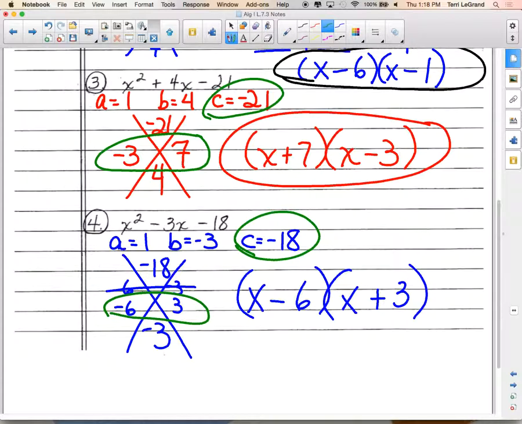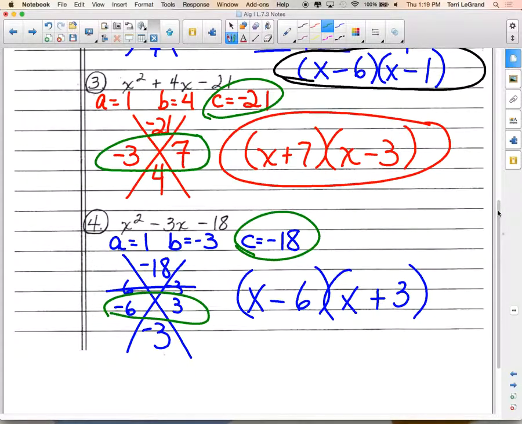Chloe? The only way to get a negative is taking a positive times a negative. So one of them has to be positive, the other has to be negative when C is negative.